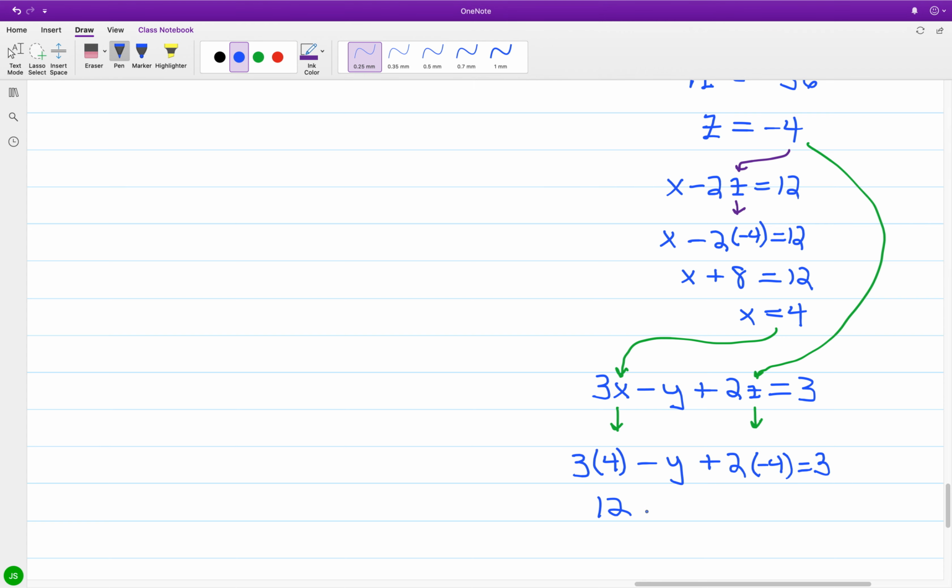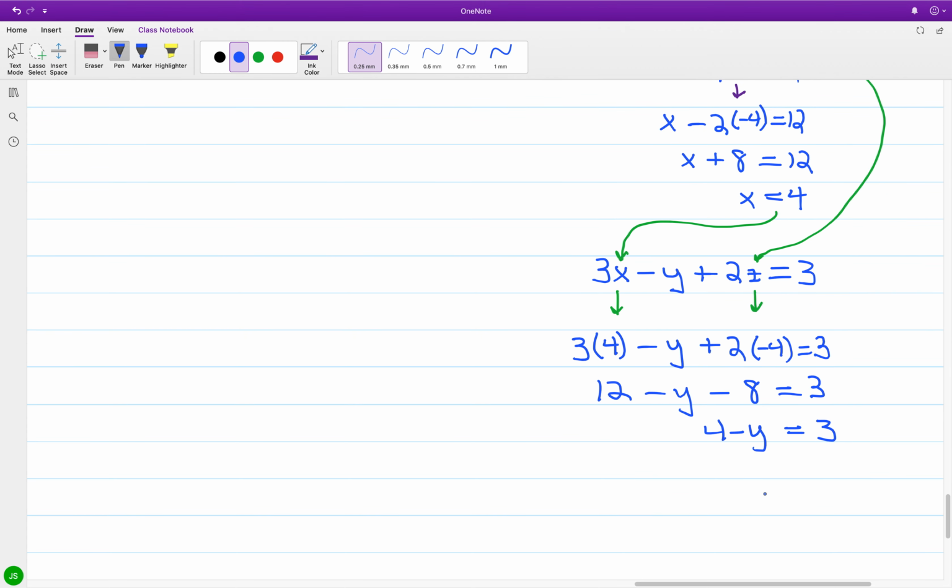So you have 12 minus y minus 8 is equal to 3. Here 12 minus 8 is 4, minus y is equal to 3.